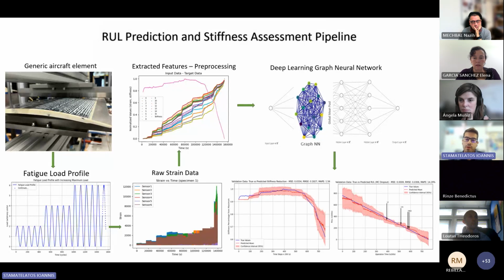And then we obtain results like the ones you can see on these figures, where at the left is the stiffness assessment, and on the right is the remaining useful life prediction.